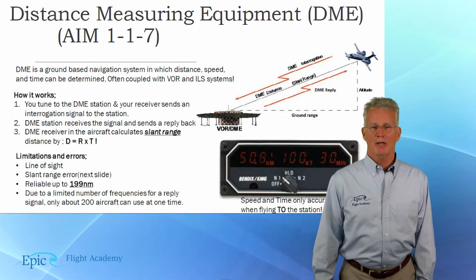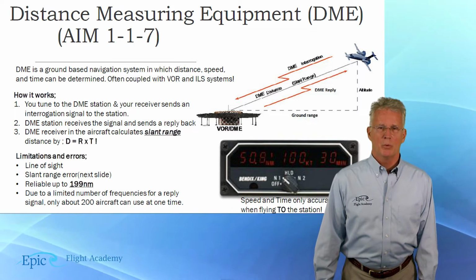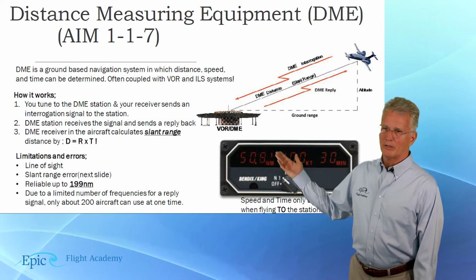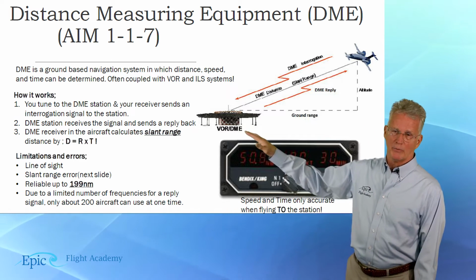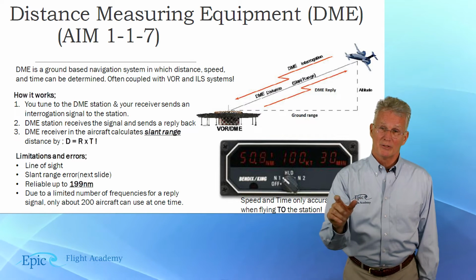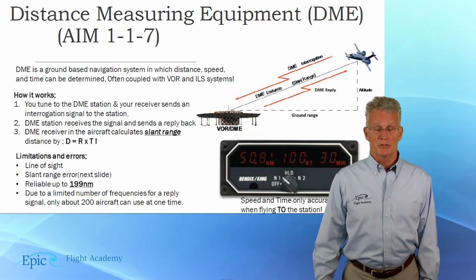The most common error that we see with the DME is what we call a slant range error. And you can see in this picture, the distance of that slant range is actually different and slightly larger than the horizontal ground range distance.